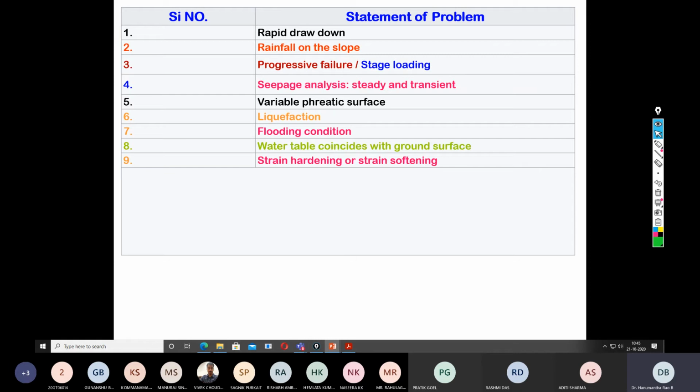Second, once the factor of safety is stabilized, is that stabilized factor of safety sufficiently high and in compliance with the codal provisions? For example, say the IS code recommends a factor of safety of 1.5. Now, does this correspond to long-term stability or the short-term stability?